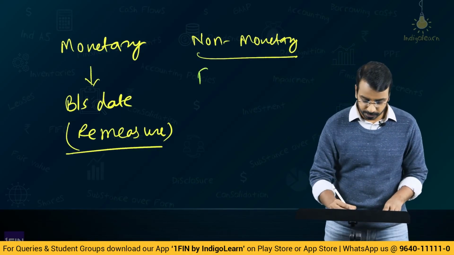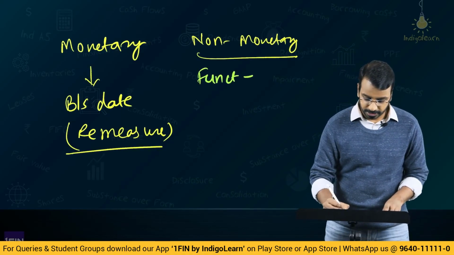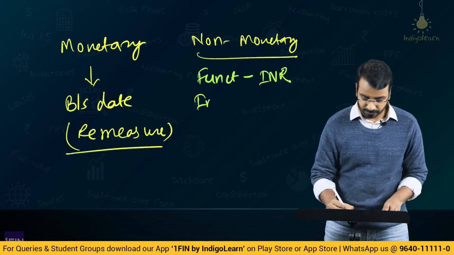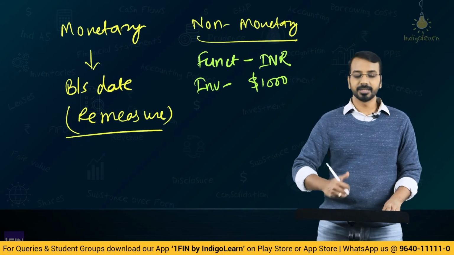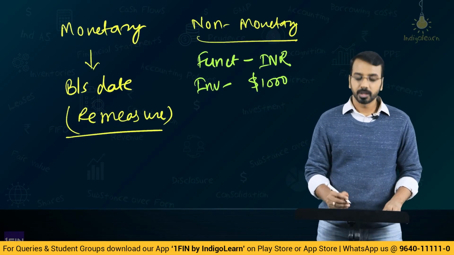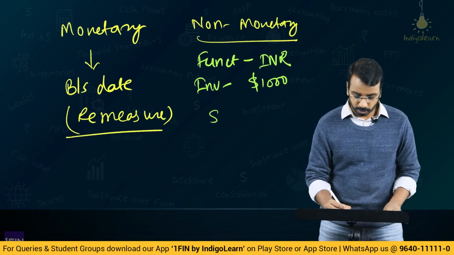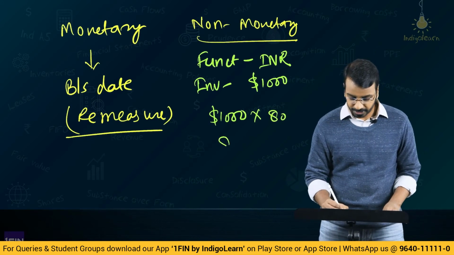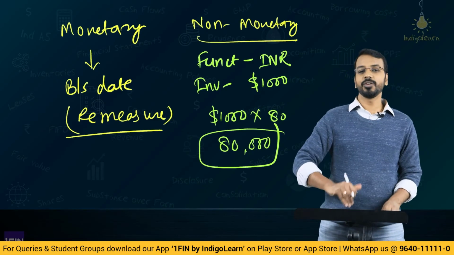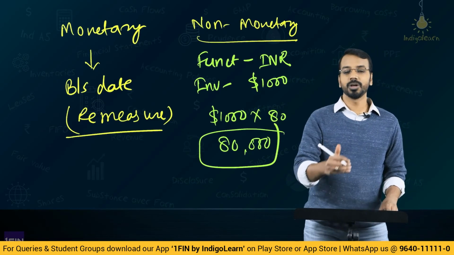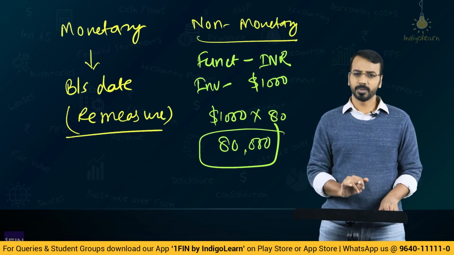So, say for example, the functional currency is INR and we have purchased inventory worth $1,000. Okay, then what would you do? You would say this is a foreign currency transaction. So the relevant cost in INR is $1,000 multiplied by the exchange rate, say it is 80, and this is 80,000. And considering this value, we will continue to value the item of inventory. That is what we do, right?